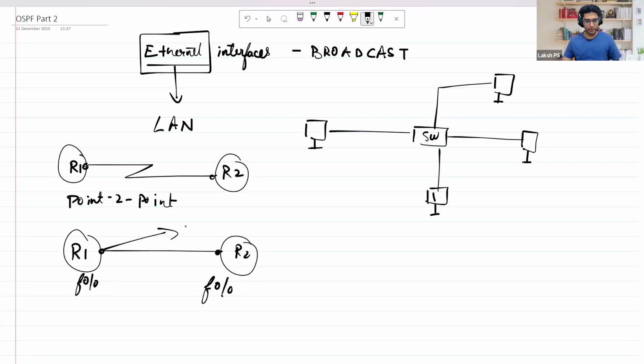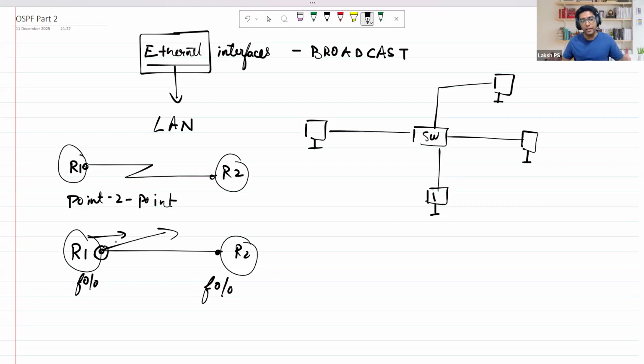For OSPF, Ethernet links are broadcast interfaces, meaning OSPF does not have visibility of what devices are connected beyond this interface.